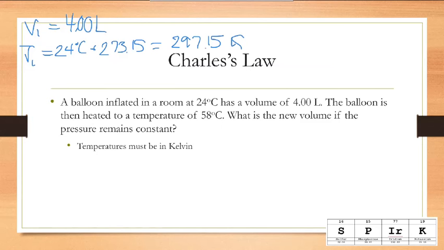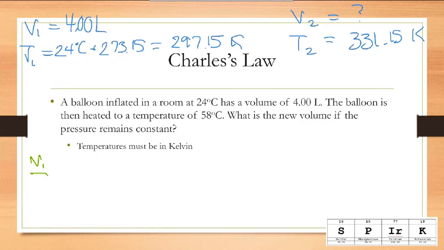And then our V2 is what we're solving for, and T2 is 58 plus 273.15, so that's 331.15 Kelvin.